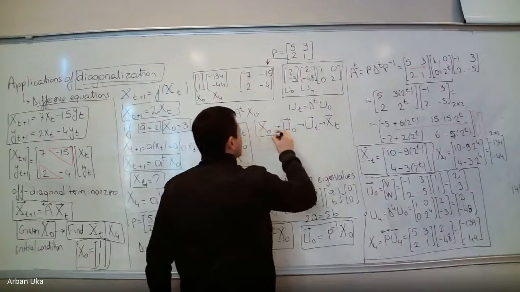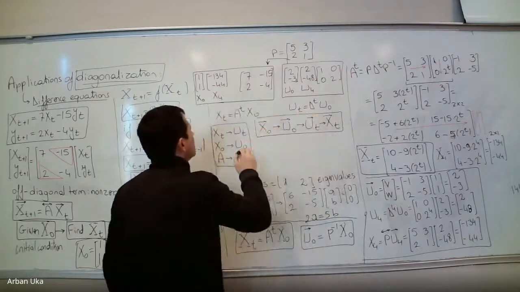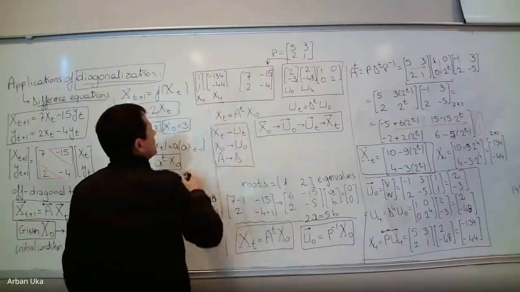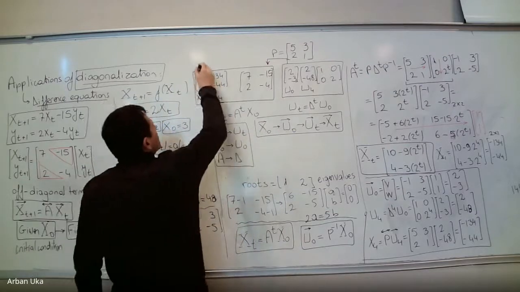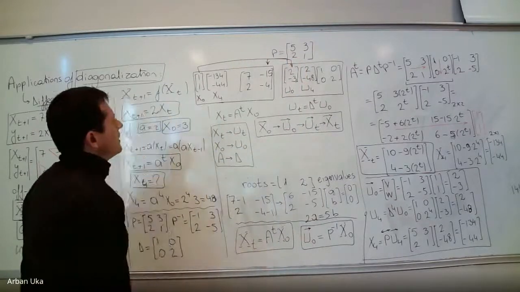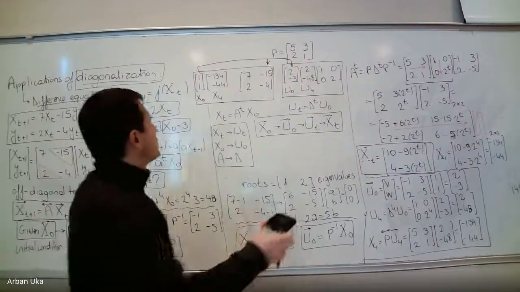So this would be a very good procedure. From this 1, 1, we go and find this 2, minus 3.